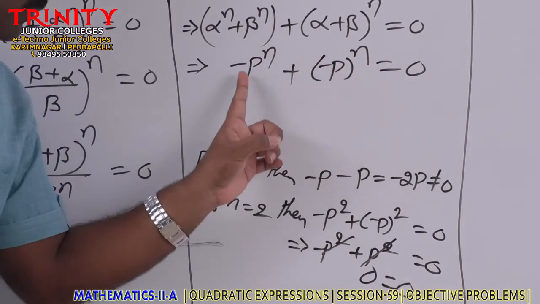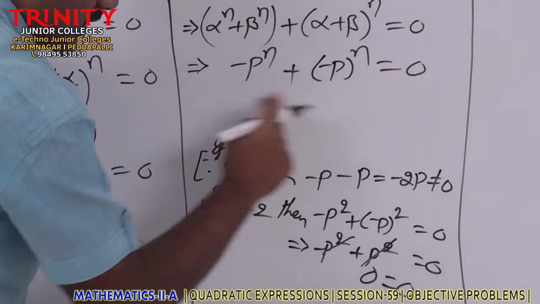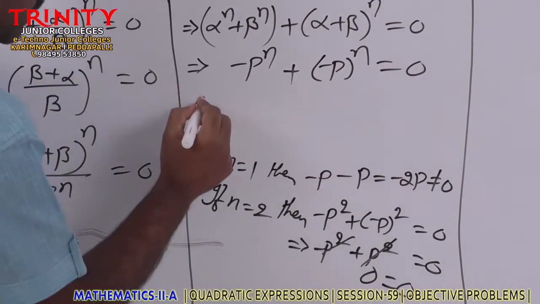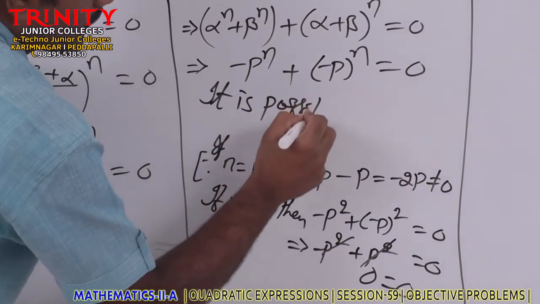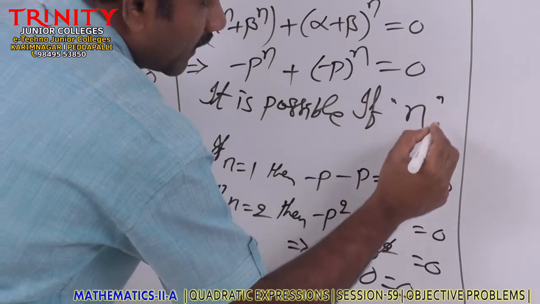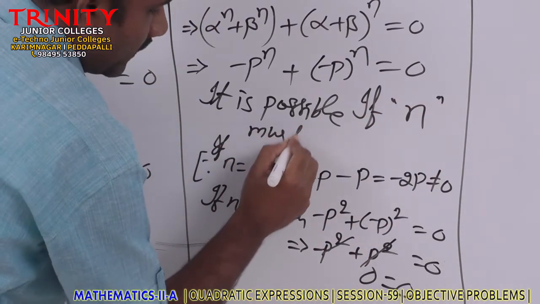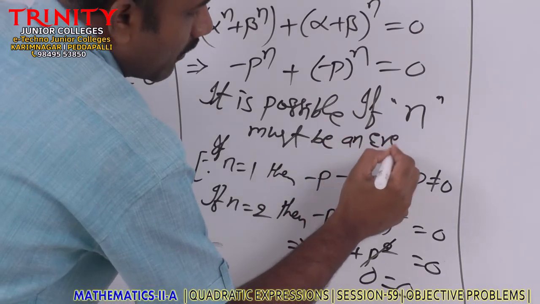Therefore, p^4 minus p^4 again becomes 0. Therefore this is possible, the sum becomes 0, if n must be an even number.